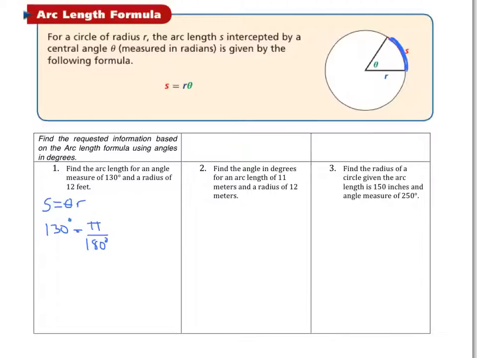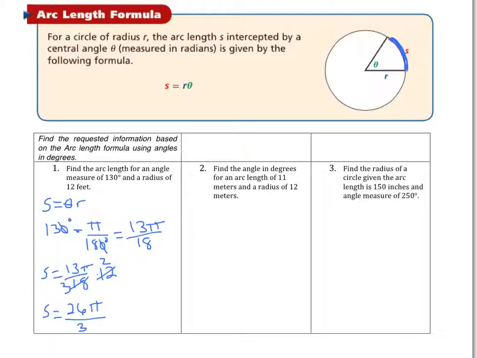If I divide the top by 10 and the bottom by 10, then I end up with 13 pi over 18 is my theta. So S equals theta, which is 13 pi over 18, times my R, which we said was 12 feet. I can go ahead and cancel out 6 in top and bottom, so 12 divided by 6 is 2, 18 divided by 6 is 3, and then my S would be 13 times 2 is 26 pi over 3.